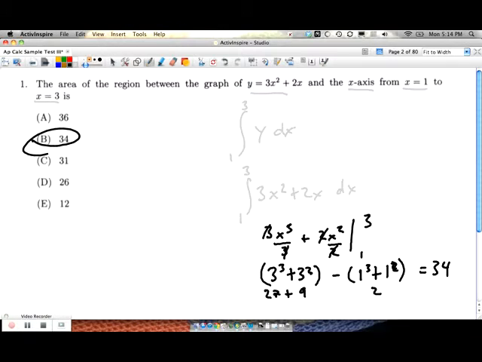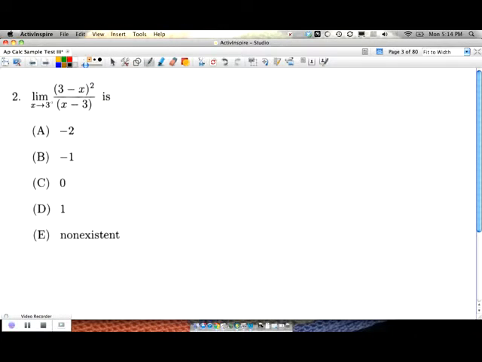Alright, we have a limit here. The first thing that you do with most any limit is you just plug in and see what happens. So if I have the limit as x approaches 3 of 3 minus x squared over x minus 3, if I were to plug in 3, I would have 3 minus 3 up top, and I'd have 3 minus 3 on bottom, and the top one would be squared.